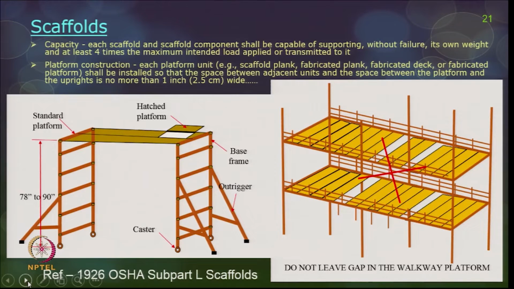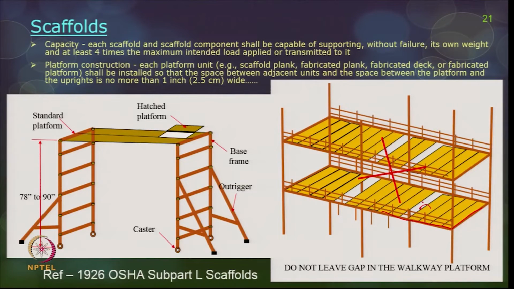Platform construction: each platform unit shall be installed so that the space between adjacent units and the space between the platform and the uprights is not more than 1.5 centimeters wide. Suppose these are your standards; between your standards and the scaffold planks you can have not more than a 1 inch gap.